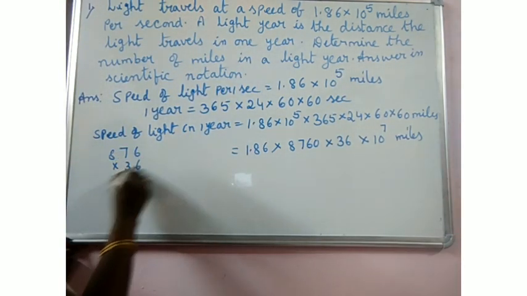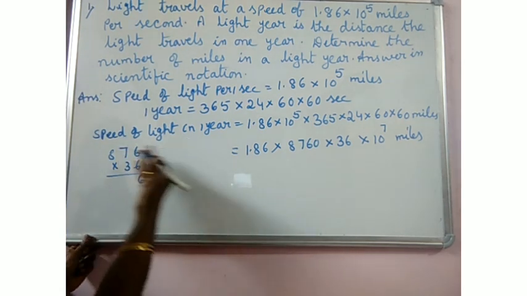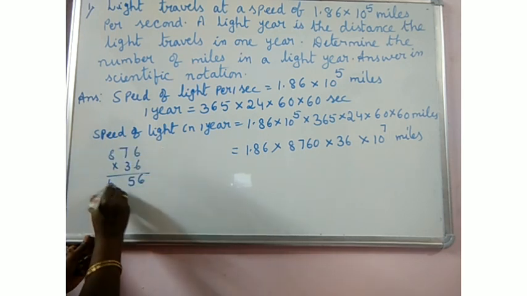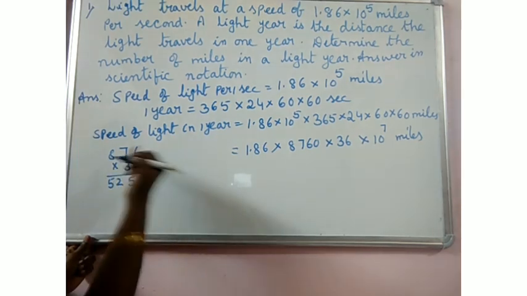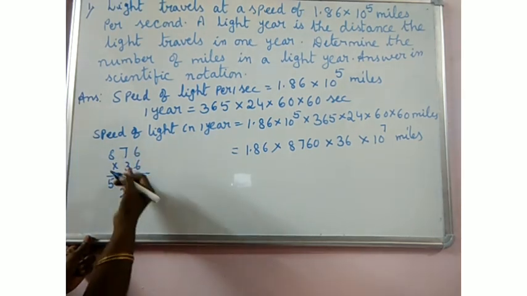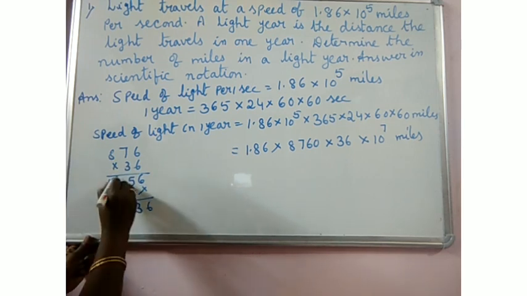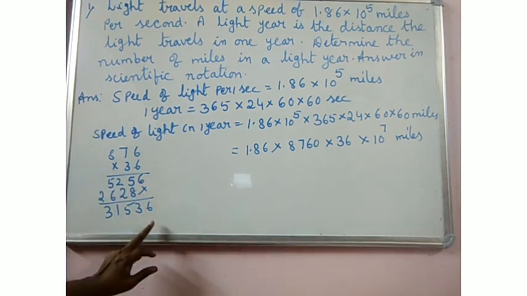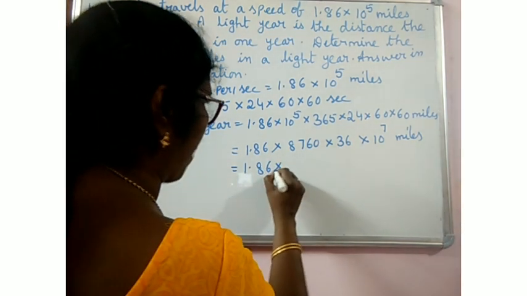So let me multiply 876 into 36. 6 sixes are 36, 6, 3 carrying. 6 sevens are 42 plus 3 is 45, 4. 6 eights are 48 plus 4 is 52. 3 sixes are 18, 8, 1 carrying. 3 sevens are 21 plus 1 is 22, 2. 3 eights are 24 plus 2 is 26. Adding, we get 31536.